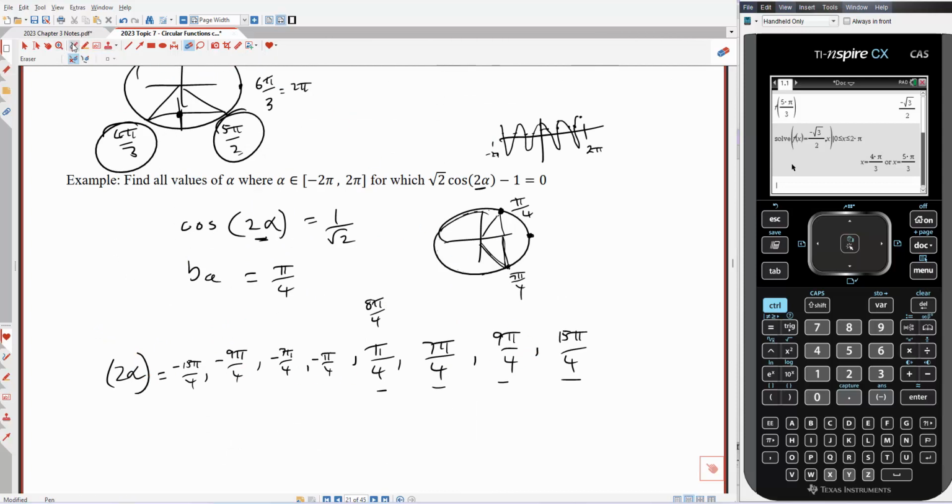Now we don't want to solve for 2 alpha, we want to solve for alpha. So that means that what we've got to do is dilate all of these by a factor of a half or divide them by 2. So that's going to be negative 15 pi on 8, negative 9 pi on 8, negative 7 pi on 8.